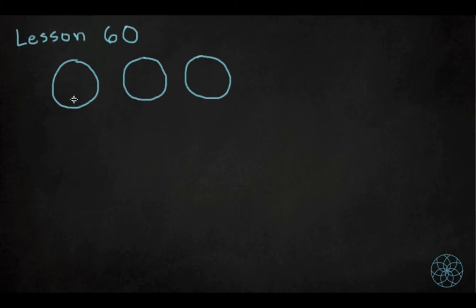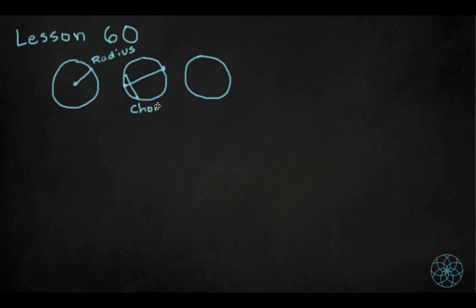So, 3 terms to be aware of. If you draw a line from the middle of a circle to any point on the edge of a circle, it's called a radius. If you draw a line from any point on the edge of a circle to any other point on the other side of the circle, or maybe even really close by, that's called a chord.